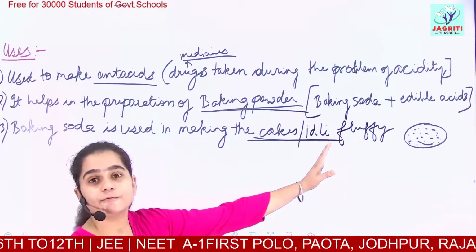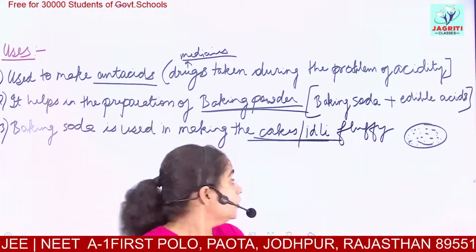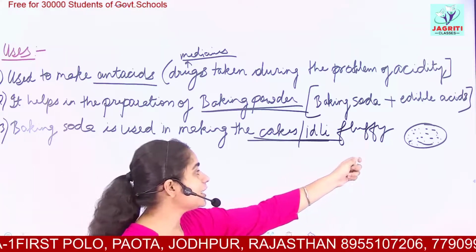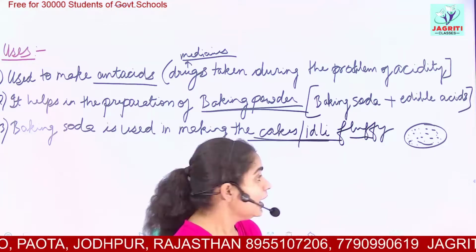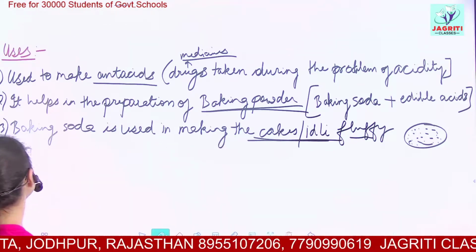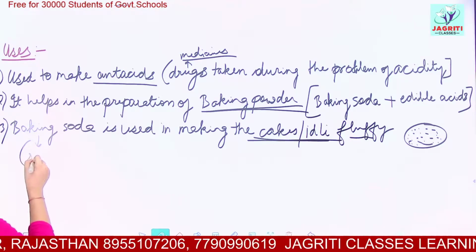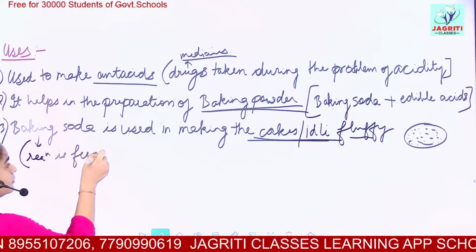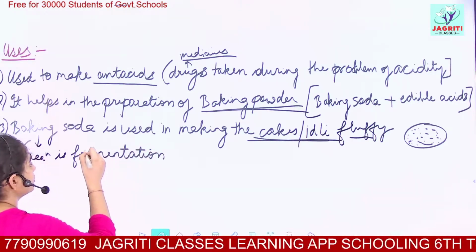These holes are formed when CO2 is evolved during this reaction. During this fermentation reaction, to make them fluffy, the process involved is fermentation. Let me write here, for making everything fluffy, the reaction is fermentation. This process is called fermentation reaction.